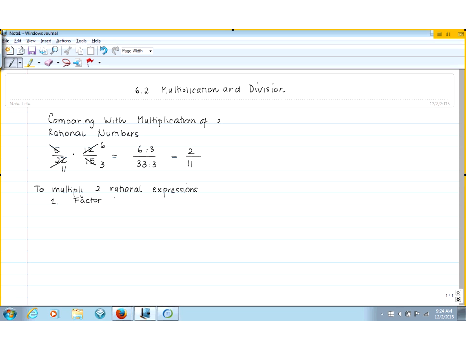So first, factor the numerator and denominator. The second is we cross cancel common terms, if any. Then multiply the numerator and also multiply the denominator.